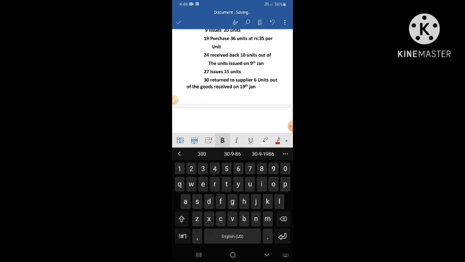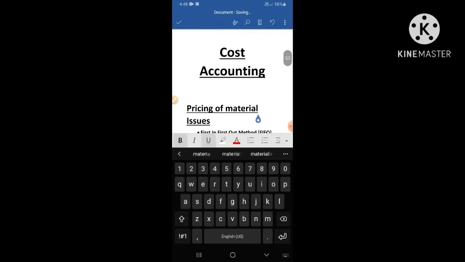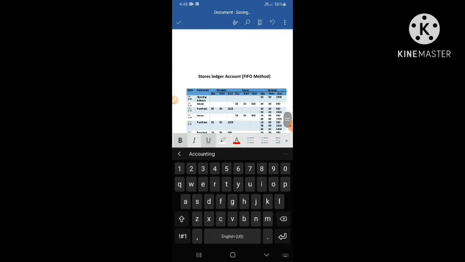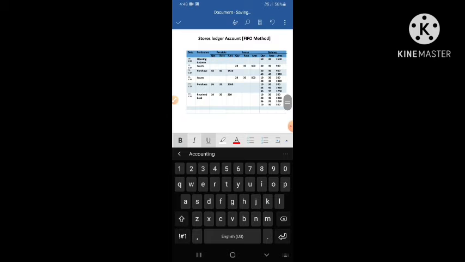Okay, and then next one is on 27 Jan 2019 they made an issue of 15 units.